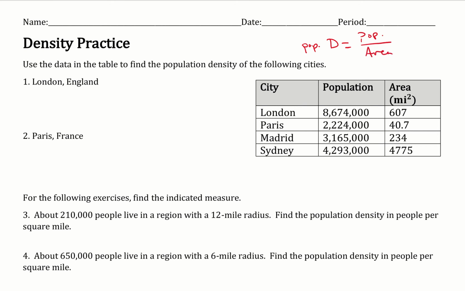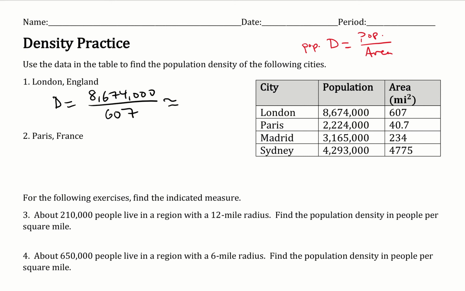In this case, we're looking for the density of London. So we take the population of London over the area in miles squared. People on the top, and on the bottom is 607.